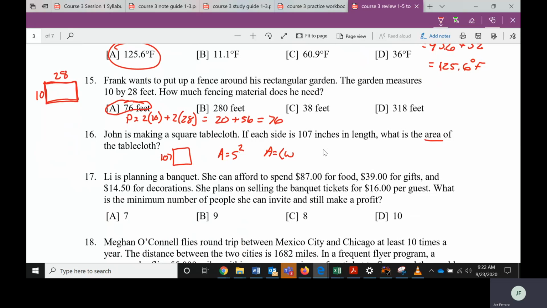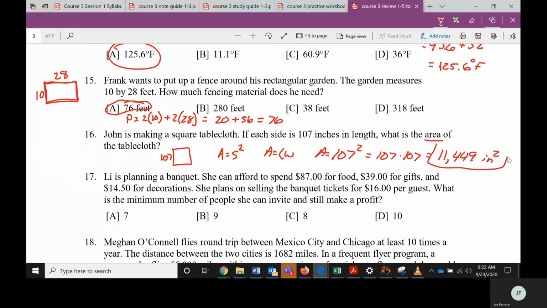So your area could either be 107 squared, or that means 107 times 107. Either way, you times 107 times 107, and you're going to get 11,449 inches squared.